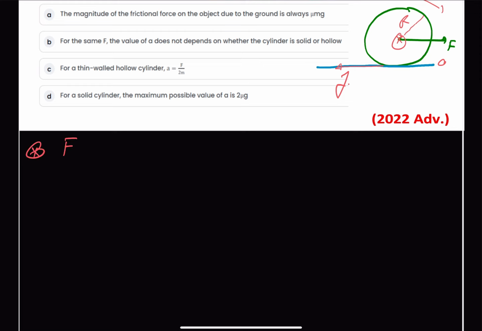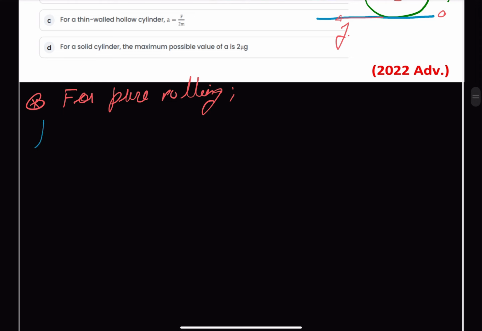So we can write the equation for pure rolling: linear acceleration, which is given as a, and angular acceleration, which is our alpha.